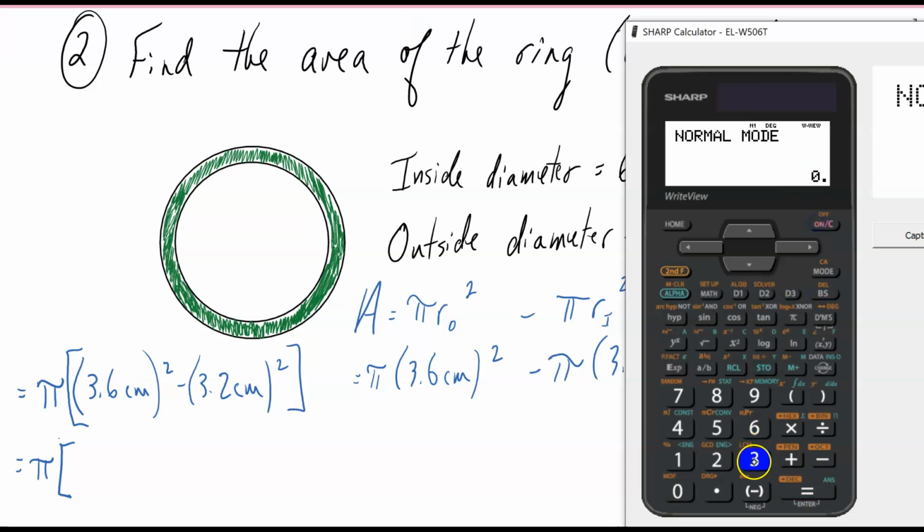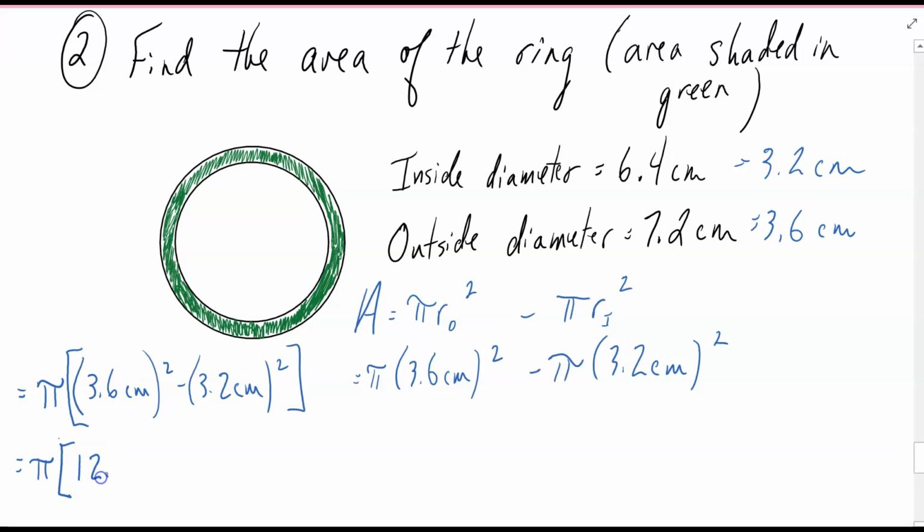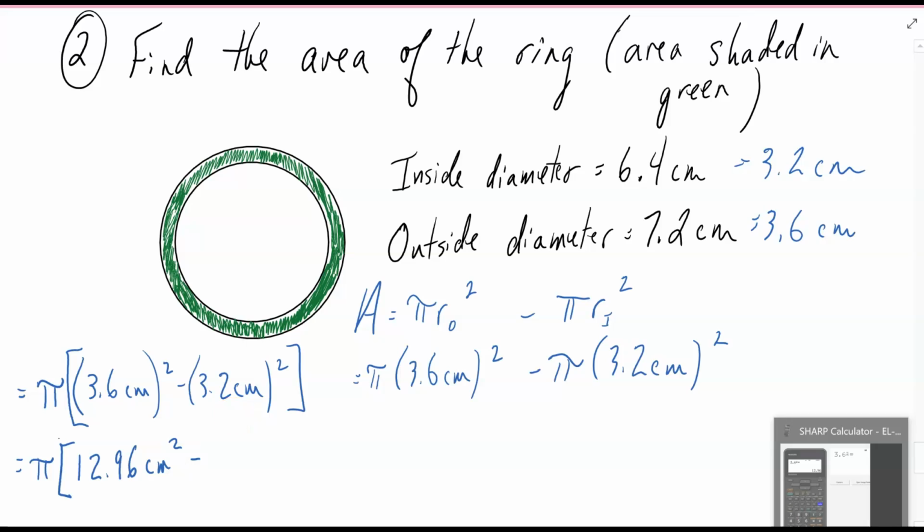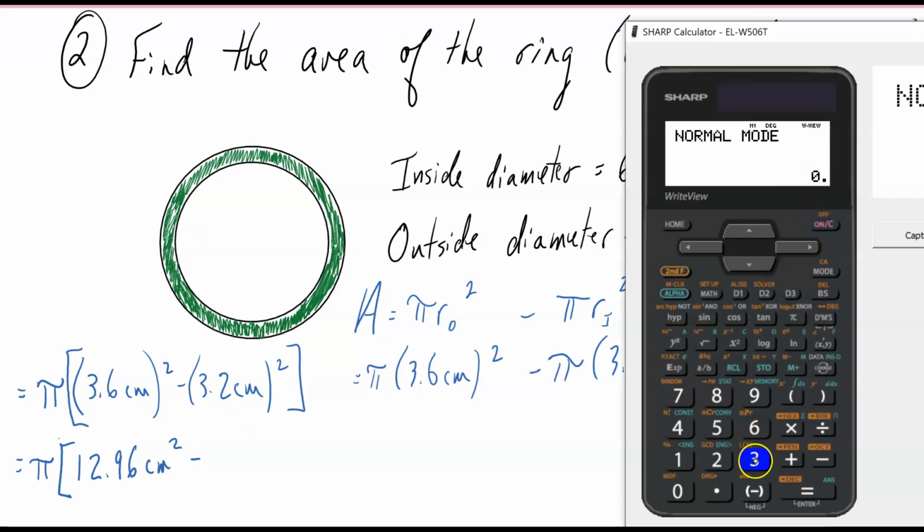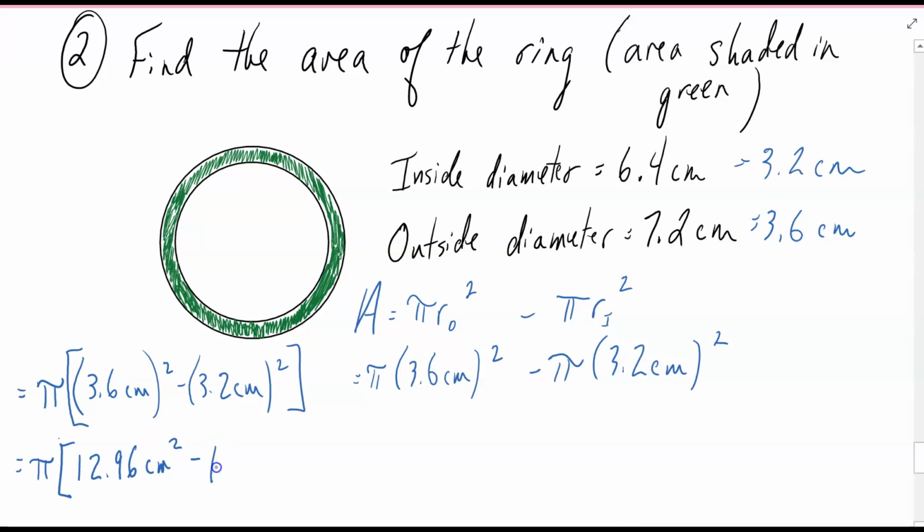So let's do 3.6 squared. And we saw that before, it is 12.96. So we have 12.96 centimeters squared minus, and the other one is 3.2 squared. That is 10.24 centimeters squared.